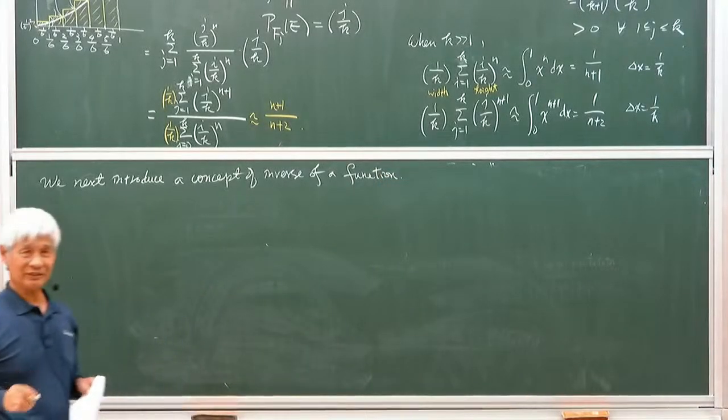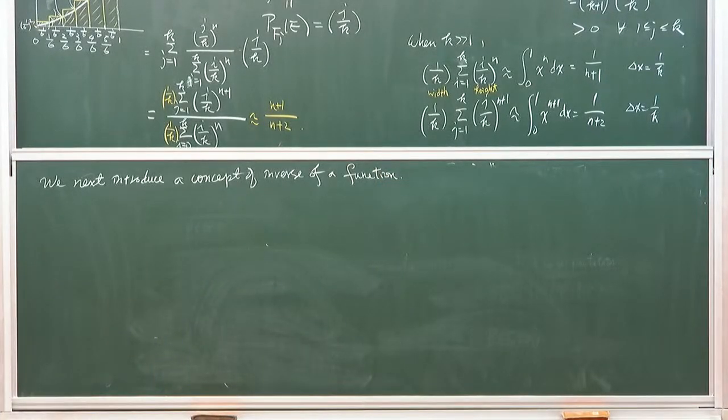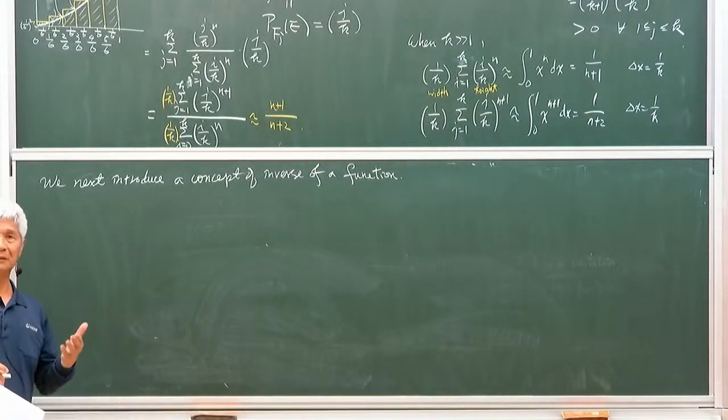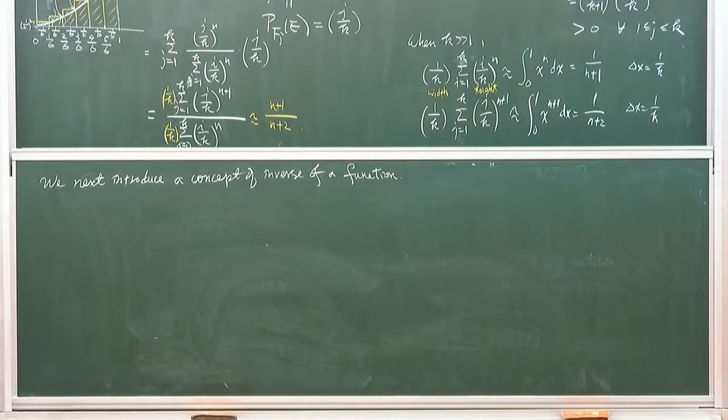We have done the inverse of a function when the function is 1-to-1 and onto, in high school. But to deal with a general function which may not be 1-to-1 or may not be onto, can we define a concept of inverse of that function?